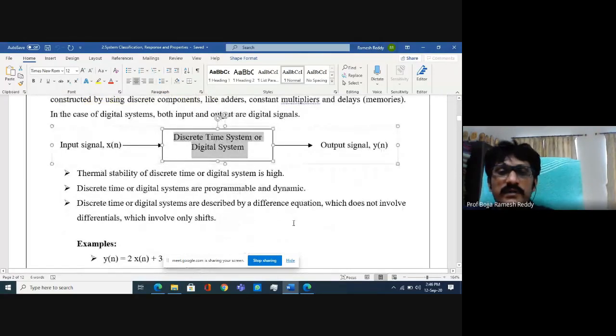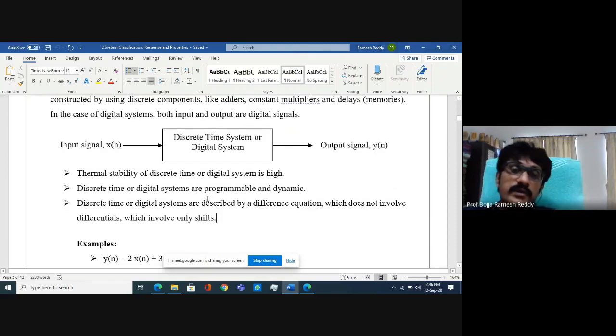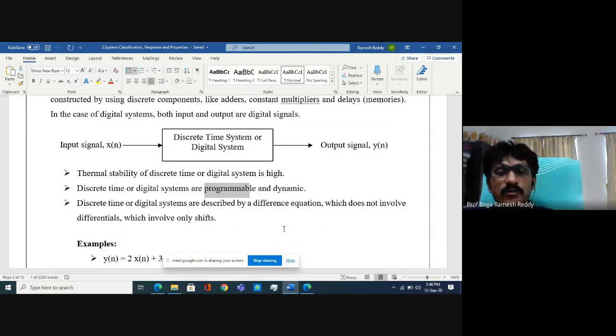Coming to advantages, thermal stability of discrete time systems is very, very high. Means thermally, digital systems or discrete time systems are more stable when compared to analog systems. Then discrete time systems or digital systems are programmable. By changing a simple parameter, you can design, like already we have completed the design for a particular output.